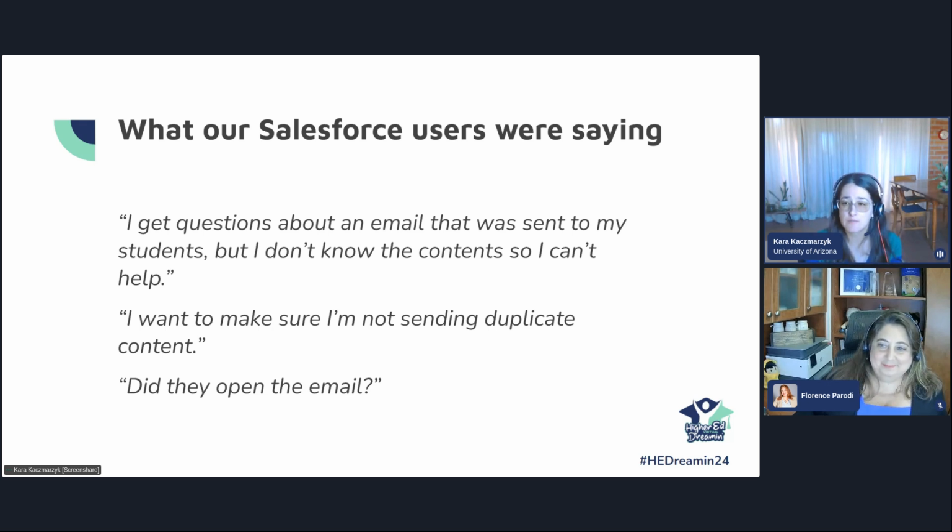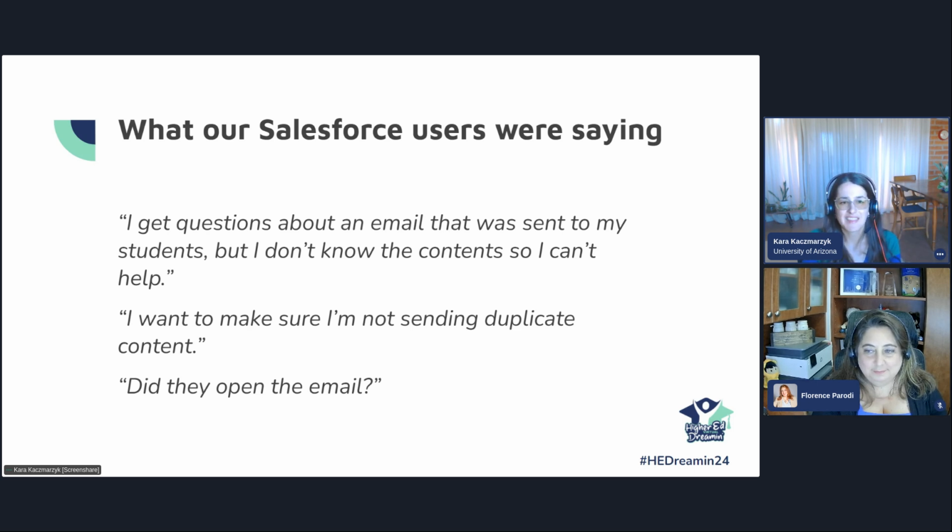They were sent a really important email. I feel like I should be informed about the contents of that email, and I just can't see it. We also had other examples, like people sending from all different departments across campus. I want to make sure that I'm not sending emails that somebody maybe already received. And so the out of the box org was leaving that lacking a little bit.